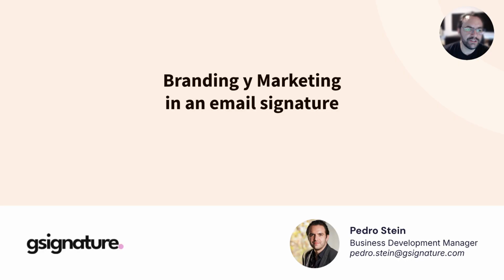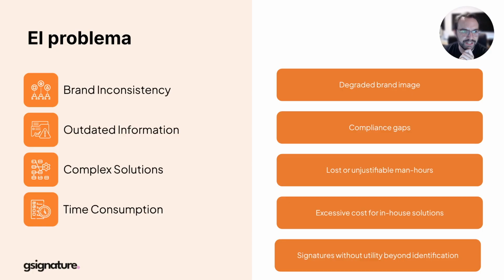But first, let's talk about that invisible problem I mentioned. On the left of this slide, you can see the main areas where companies typically run into trouble when they don't have a signature management system in place. And on the right part of the slide, you can see some specific pain points.